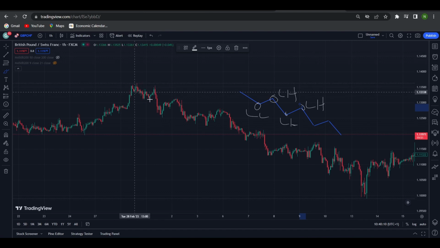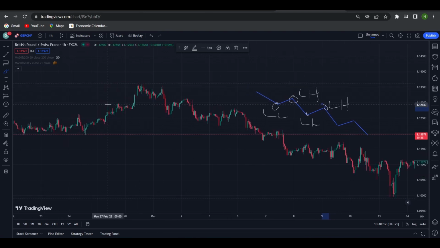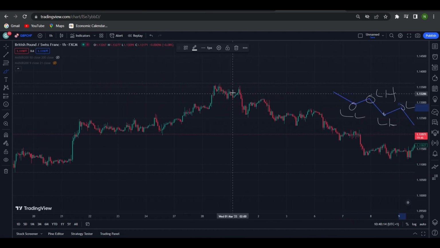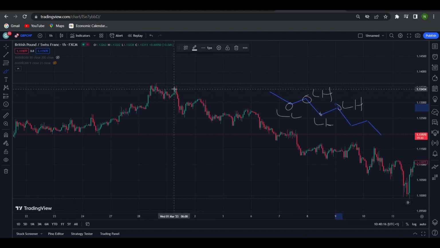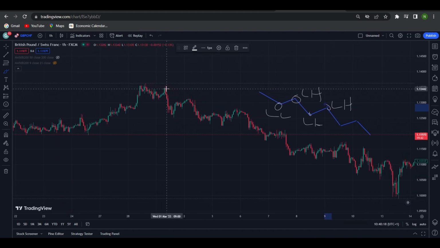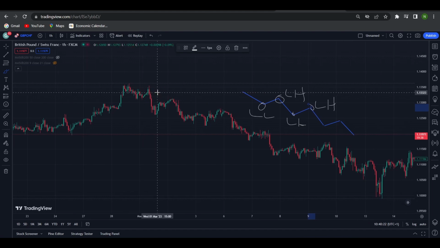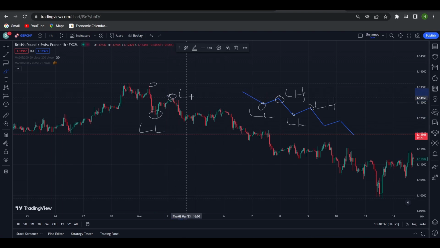So let's take this example here. We have this uptrend going upwards here, and in this area right here at the top, we see that the trend is exhausting and we are going to be entering a downtrend. So when do we validate this downtrend? So it reaches this point right here and it makes a new low. So this will be the lower low, and then it makes a lower high.